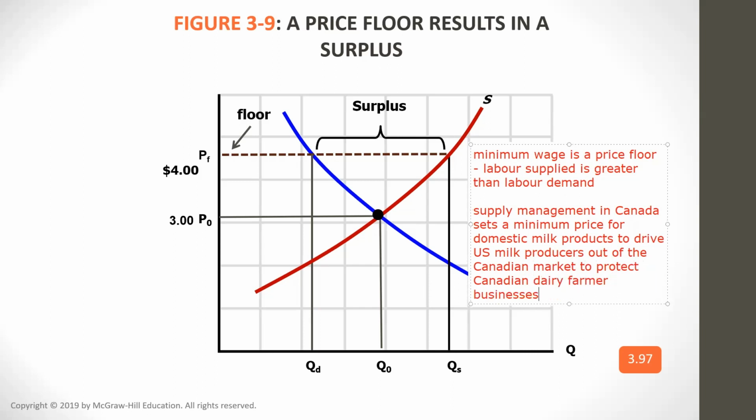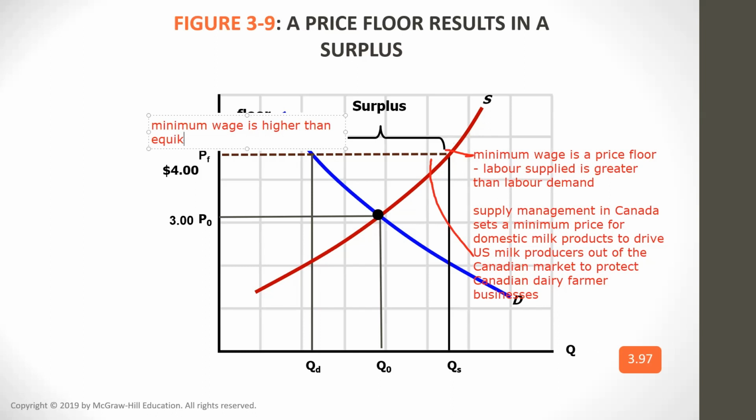So these both operate in this system where the price is higher than equilibrium. In this case, minimum wage is higher than equilibrium wage, and Canadian dairy products are priced higher than equilibrium price.